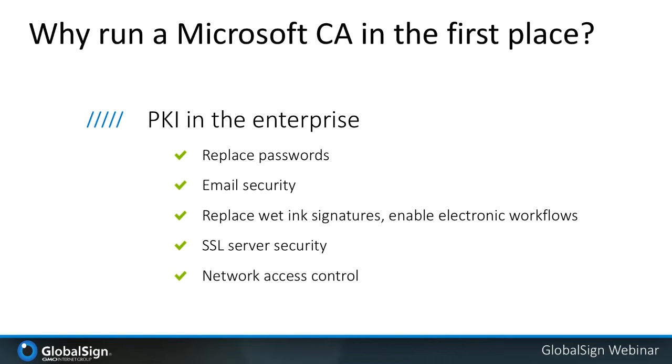It always was, actually, and for the longest time, we as organizations have tried multiple ways to replace our passwords with some kind of multi-factor authentication, to digitally sign and encrypt our emails, to replace our wet ink signatures with digital signatures, to secure our servers via SSL, and to finally control which users, machines, mobile devices, and other things can access our internal networks.